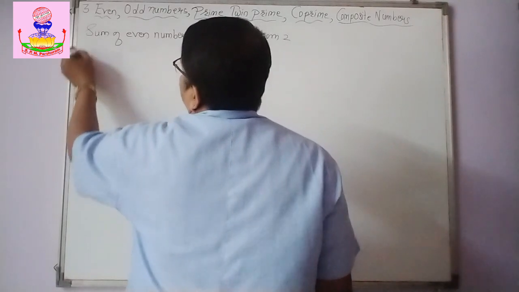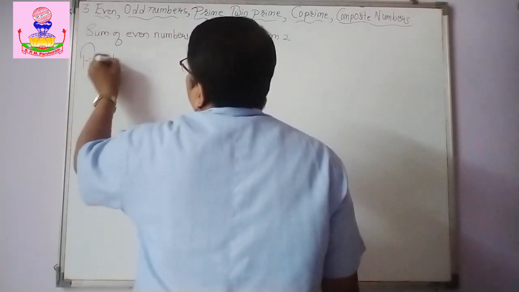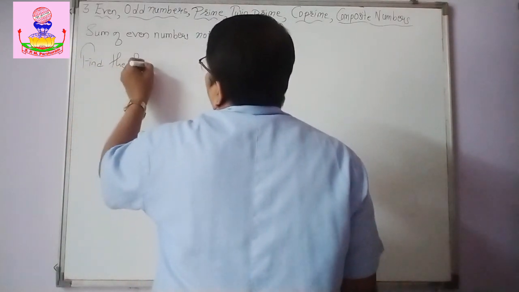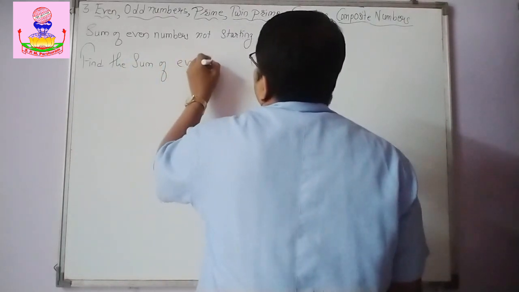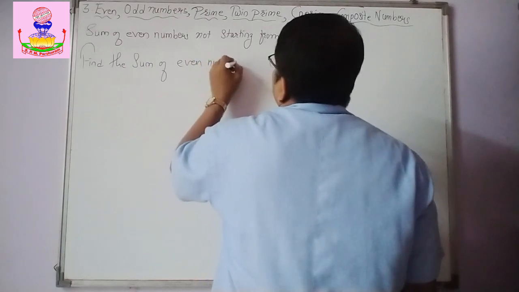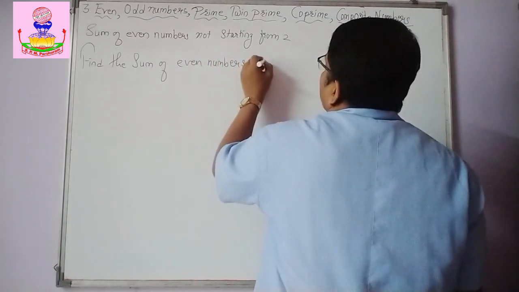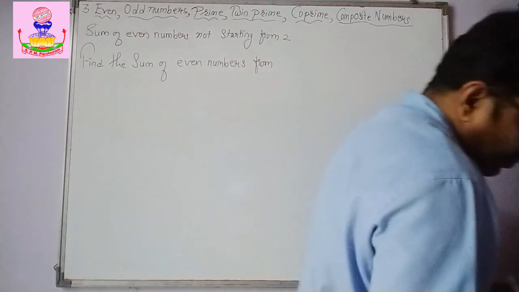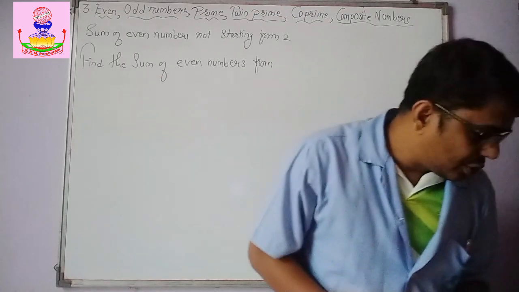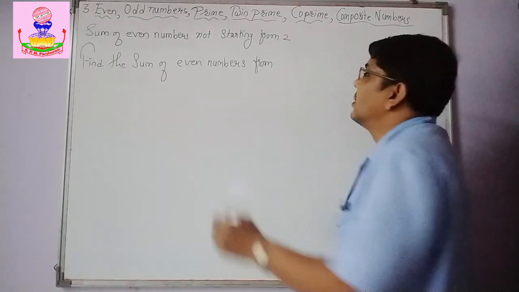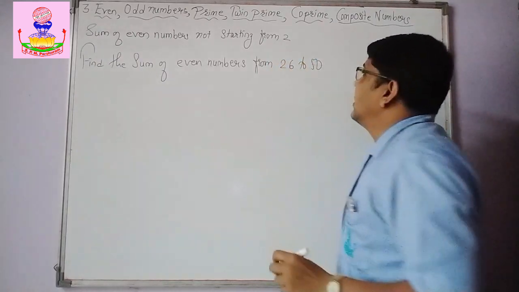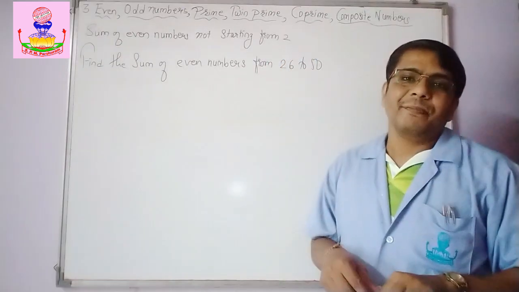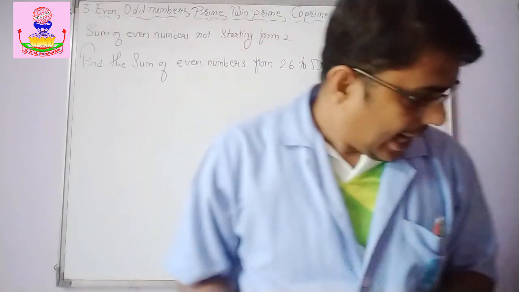So for example, find the sum of even numbers from 26 to 50. Okay? 26 to 50. So in that case what do you do?